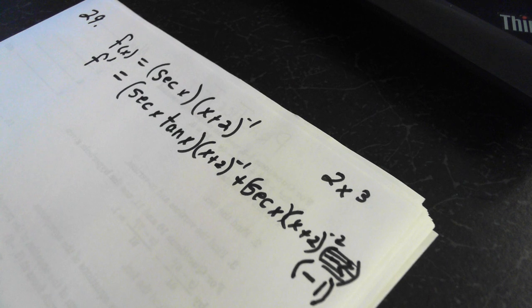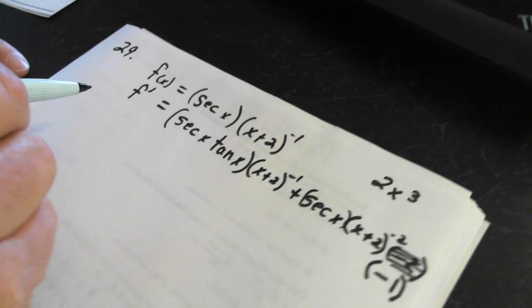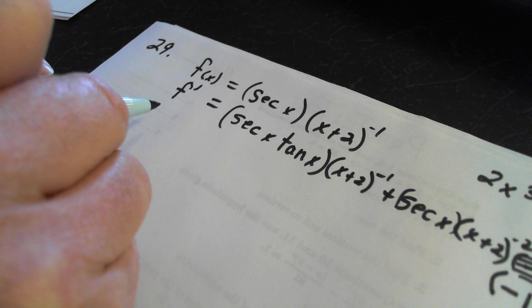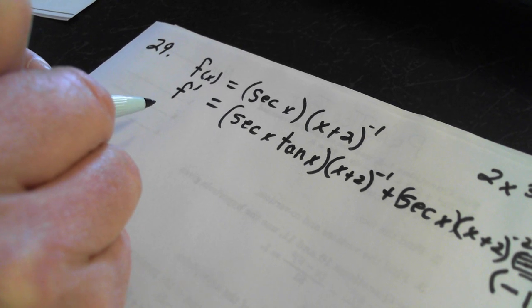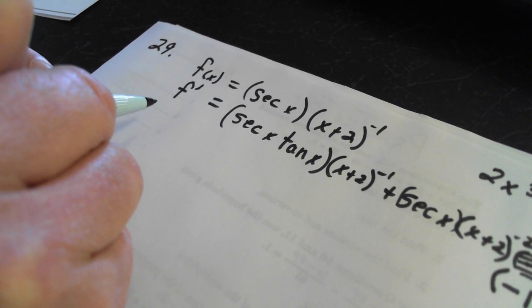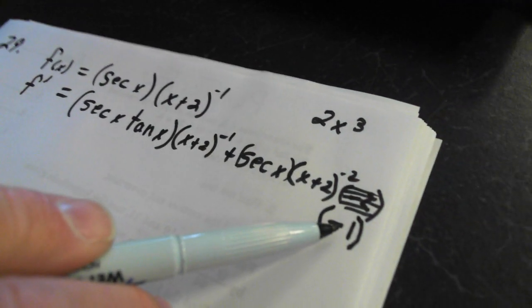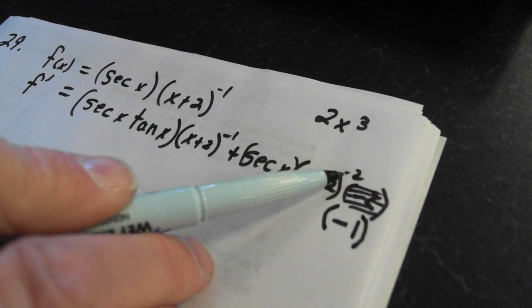Is it good now? Tell me if I'm still messing up. Would it be negative x minus 2 then? No, because it stays the same.